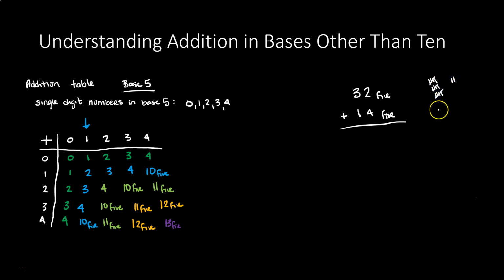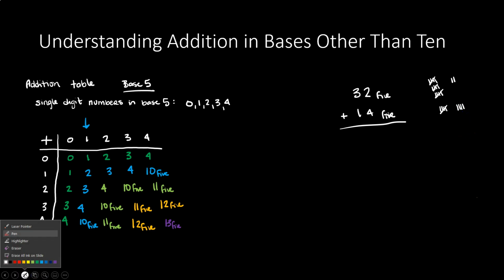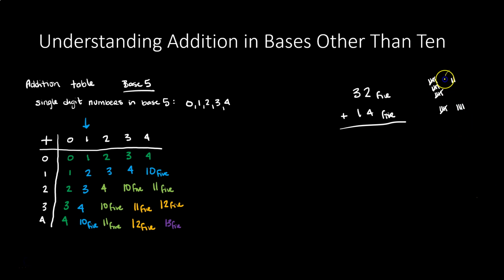And then 1, 4, base 5 looks like one group of 5 with 4 singles. Looking at the tally marks, we can see that we're going to have to regroup. Just in the ones place, we can see that 2 units plus 4 units is going to require us to regroup. But we could also see that just by looking in our table.